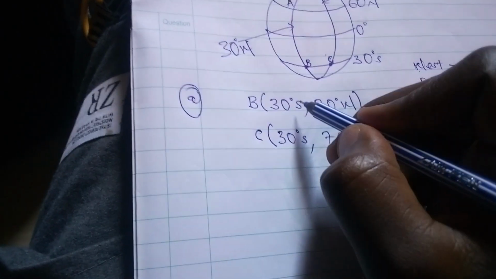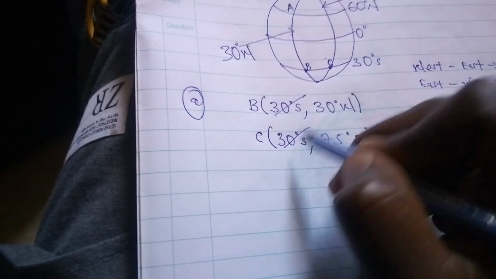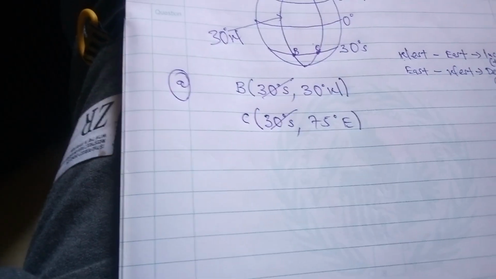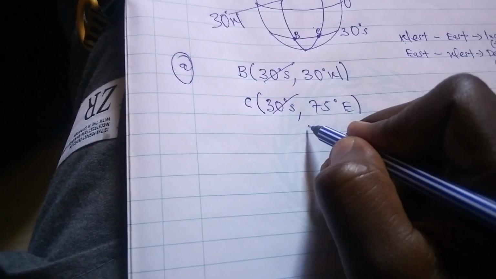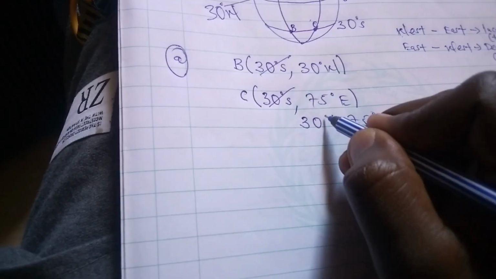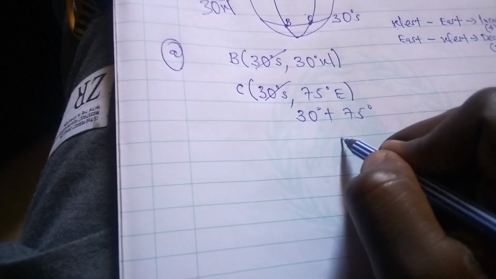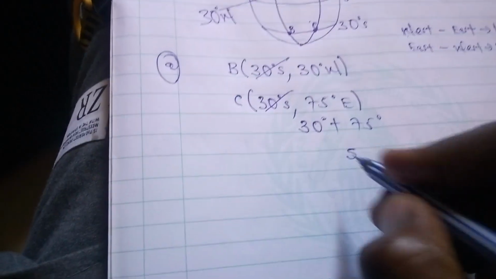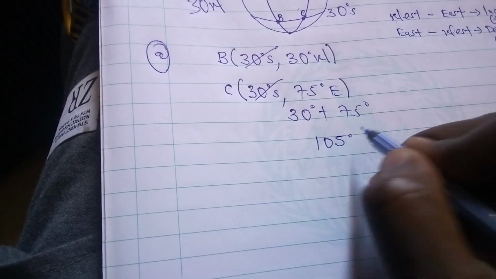Same side, you subtract, so you cancel these two, and different sides you add, that is 30 plus 75 degrees. You're going to obtain 105 degrees.